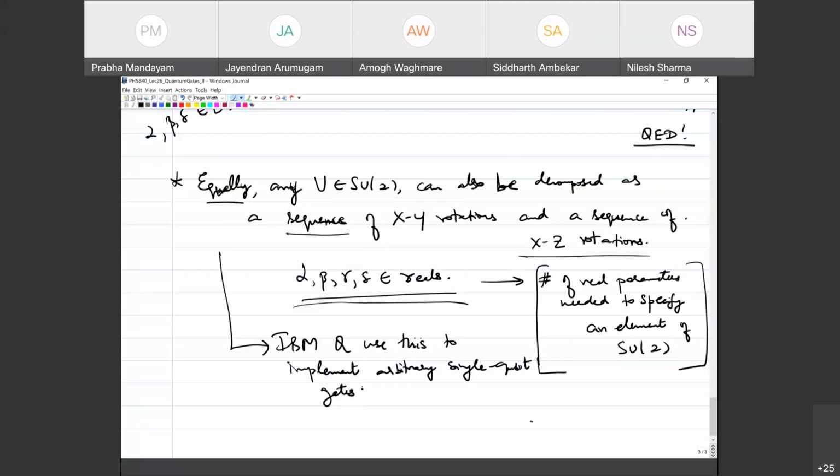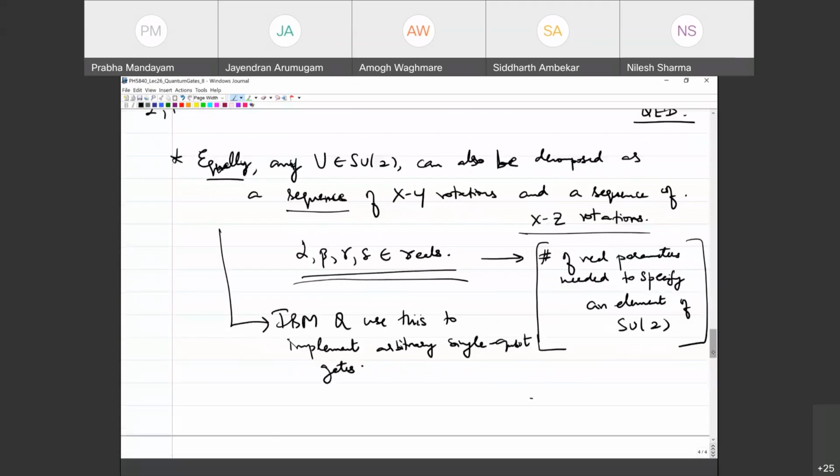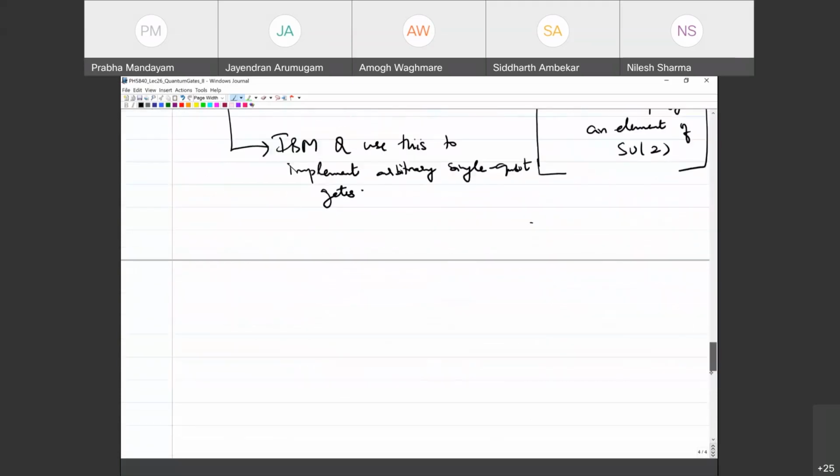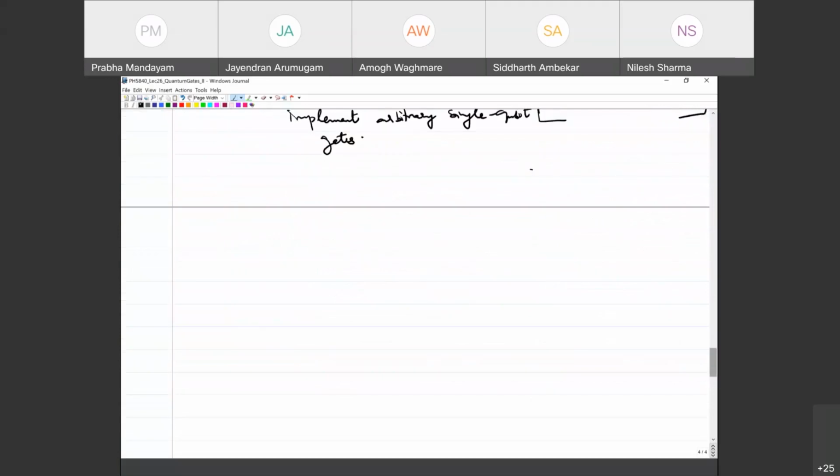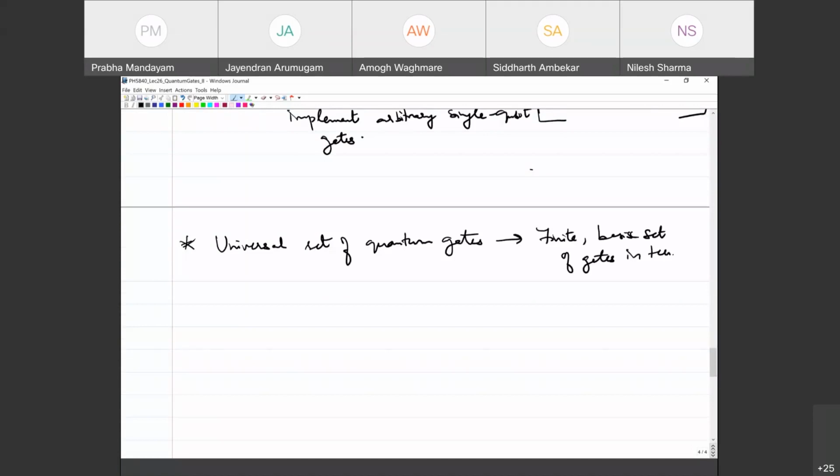Okay, so this was all about single qubit gates, right? Now, what about multi-qubit gates, right? And as I said towards the end of yesterday's lecture, if I want to work out a universal set of quantum gates, which means that there is some finite basic set of gates in terms of which all quantum gates can be decomposed, right?